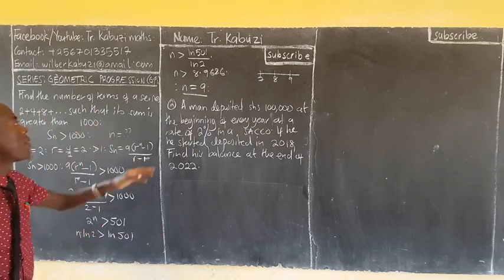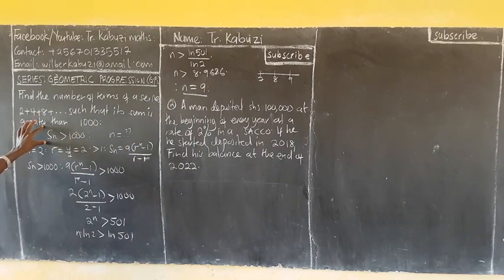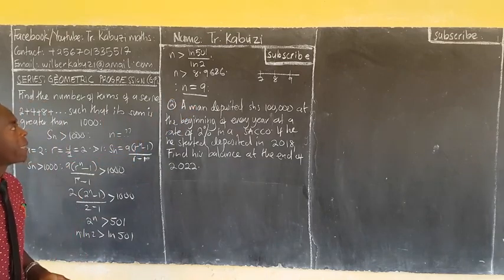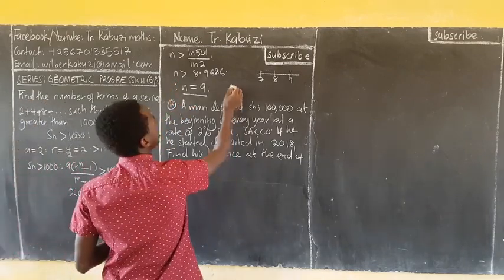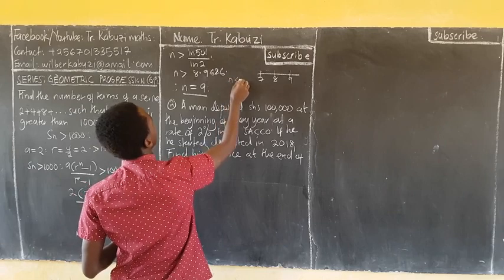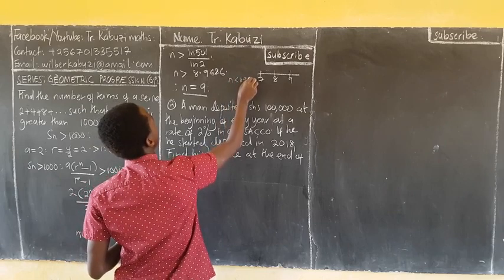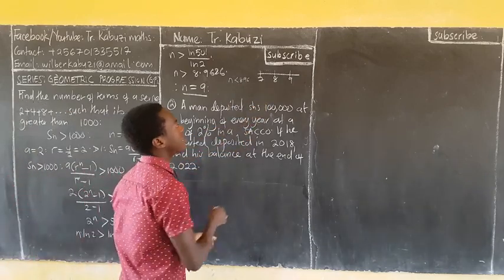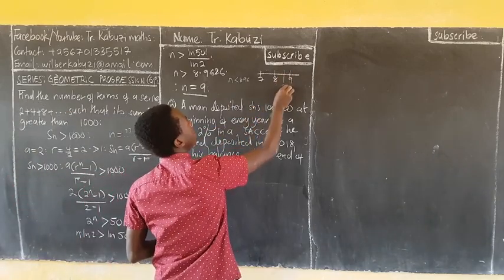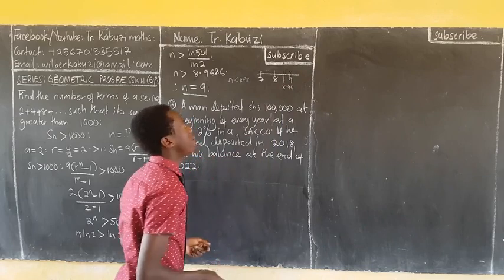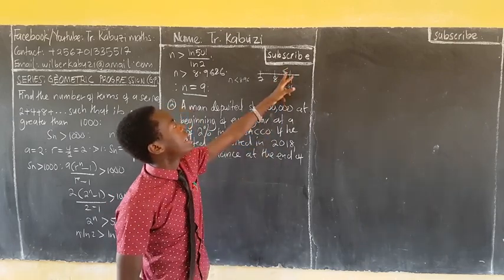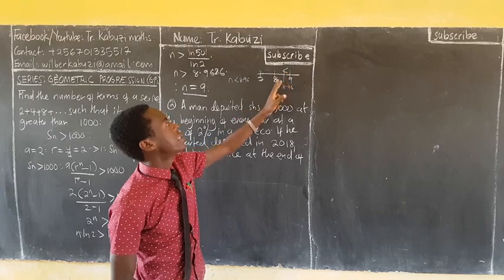So when you get the number of terms of this GP as 9, their sum is going to be greater than 1000. Now, what if this one was n less than 8.96? Now, the interpretation here matters. 8.96 is somewhere here. If you want something less than this, the next integer before this is 8.